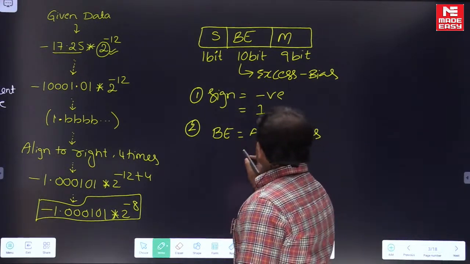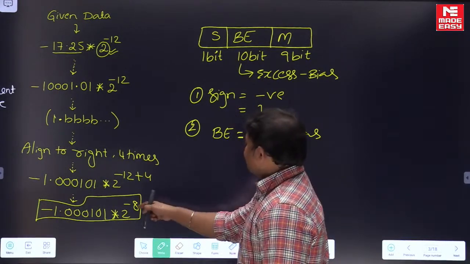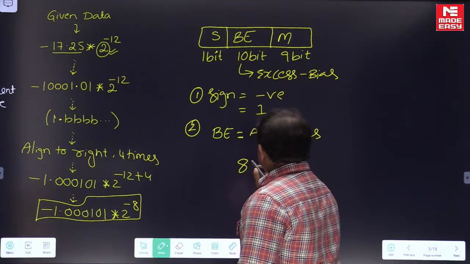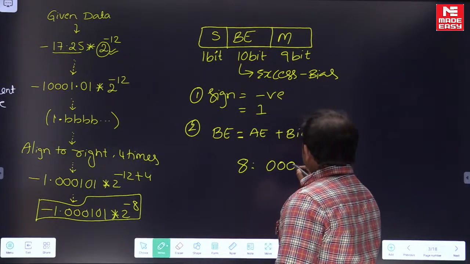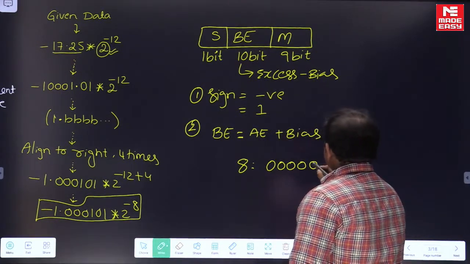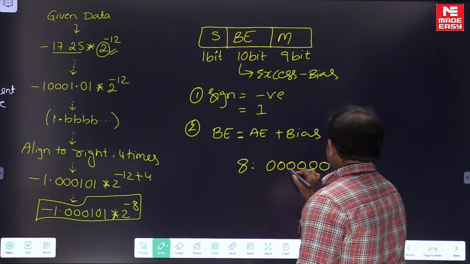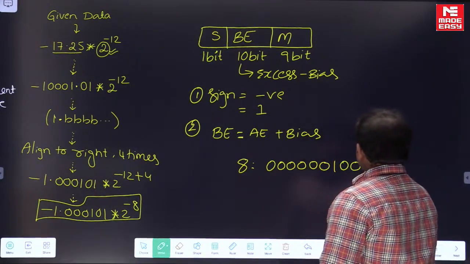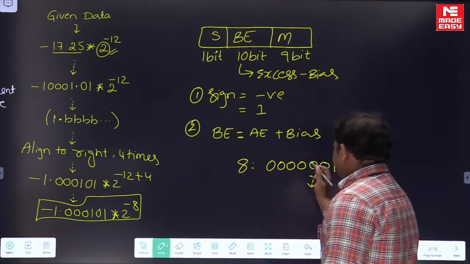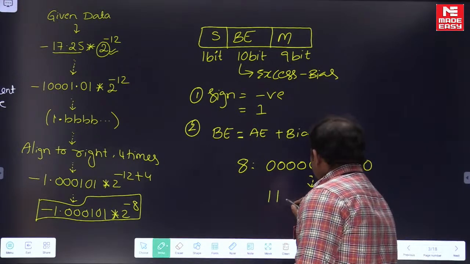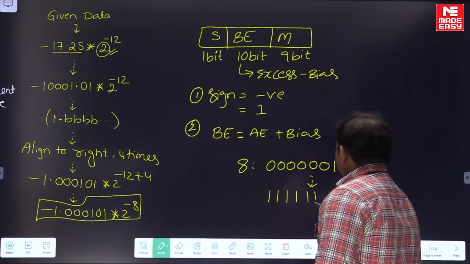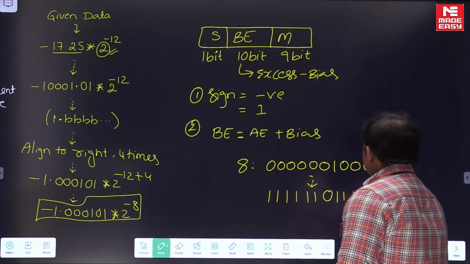What is the AE value? AE value is minus 8. So 8 is 0 0 0 0 0 0 1 0 0 0. We want a 10 bit code. The 2's complement of 8 is minus 8, that is 1's complement plus 1.